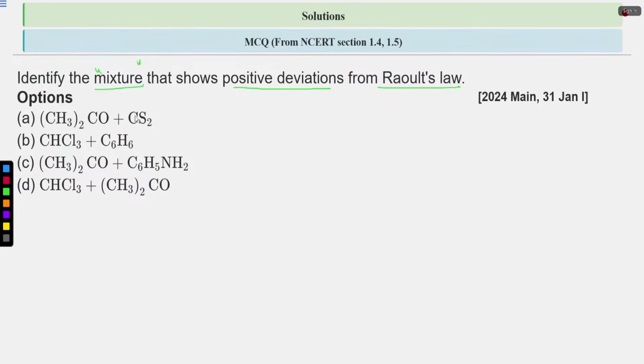The given options are (CH3)2CO plus CS2, CHCl3 plus C6H6, (CH3)2CO plus C6H5NH2, or CHCl3 plus (CH3)2CO. These are the four choices, and you have to identify which is the correct mixture.